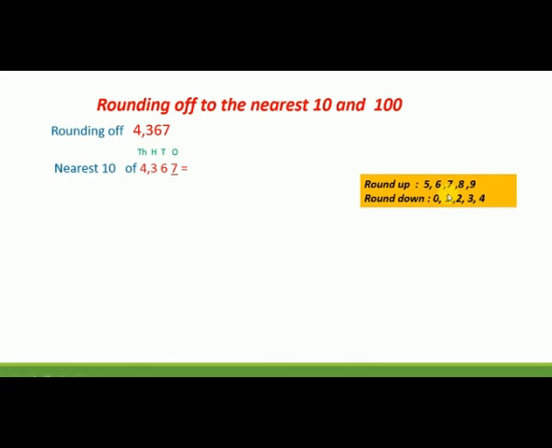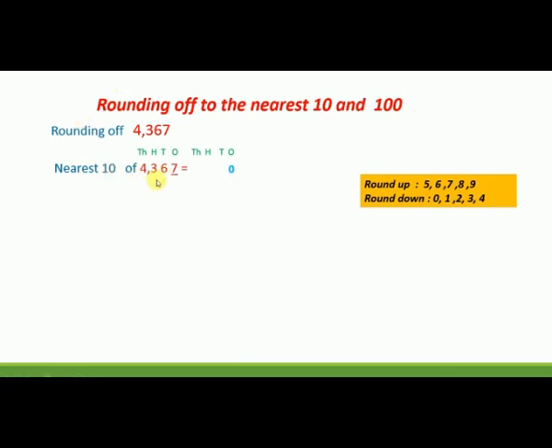Is 7 in the round up list or round down list? Yes, 7 is in the round up list. So we need to write the next 10. Here in the ones place we have to place 0 and we have to write the next 10 because it is a round up.